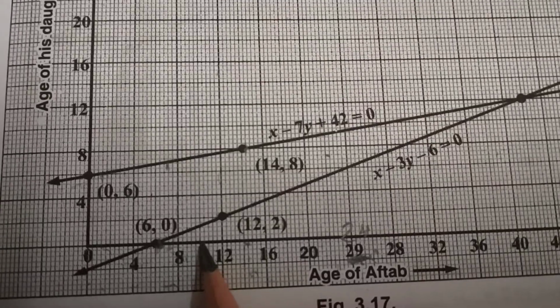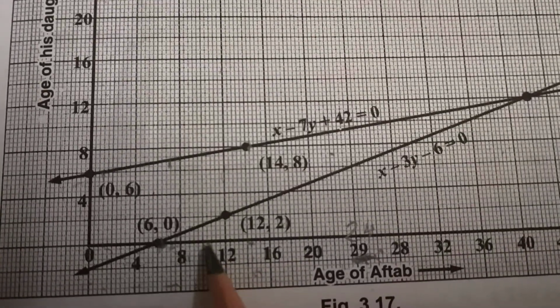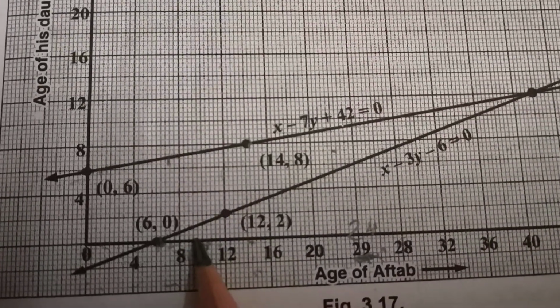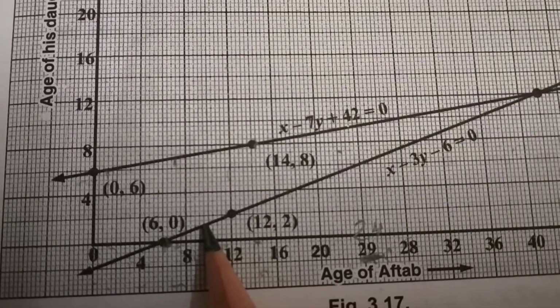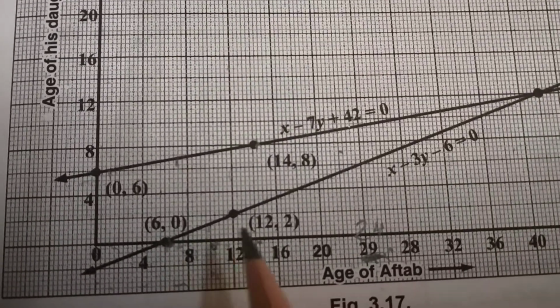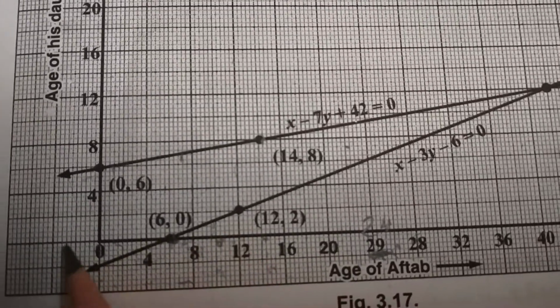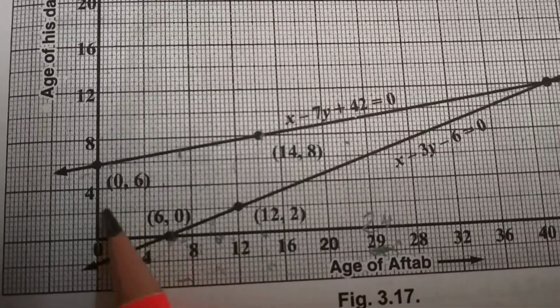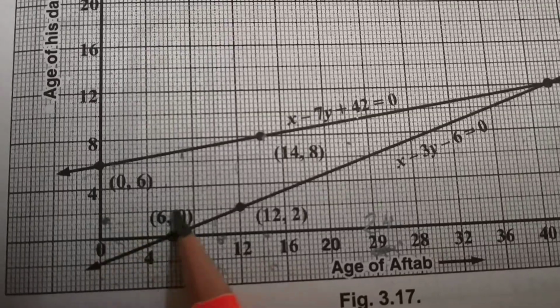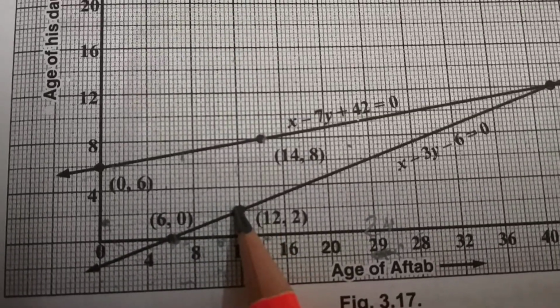This point is 10, so in between 8 and 10, you have to take 9, and then 9, 1. Then the next is 12, 2. So 12, and in between 0 and 4, the middle point is 2. So this will be your 12, 2.